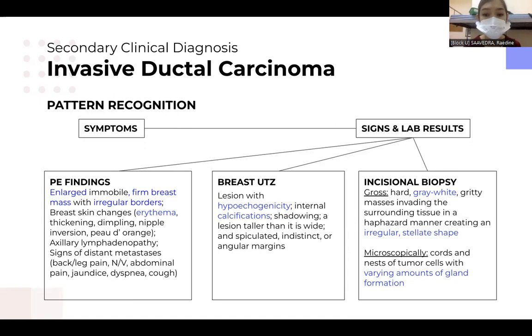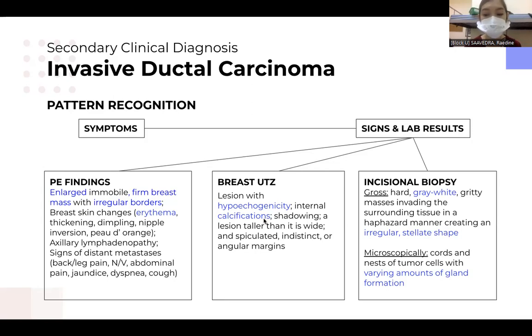And we can also expect to find some signs of distant metastasis, such as back or leg pain, nausea and vomiting, abdominal pain, jaundice, dyspnea, and cough. So the patient manifested with enlarged, movable, firm breast mass with irregular borders and erythema.